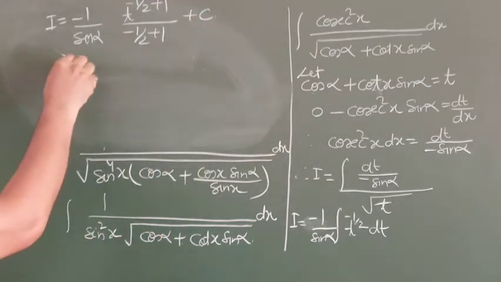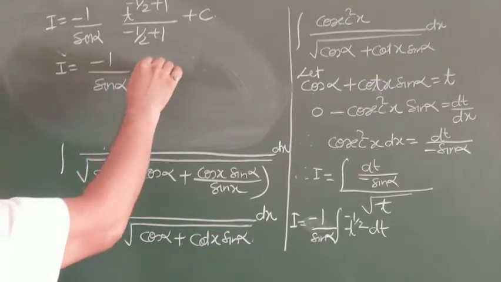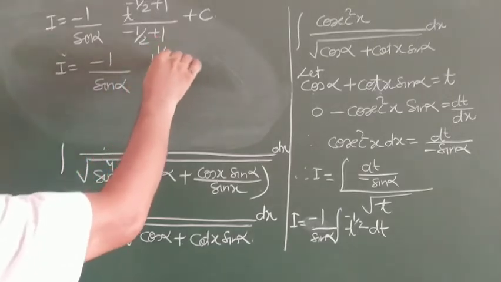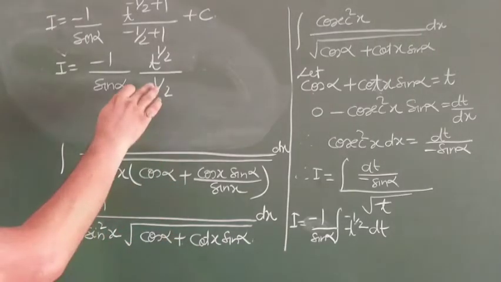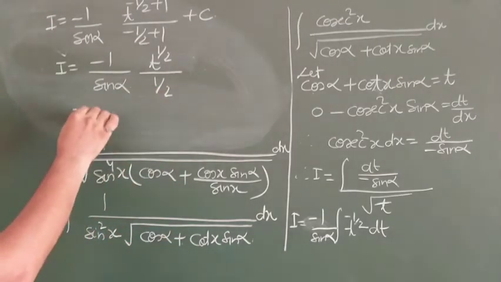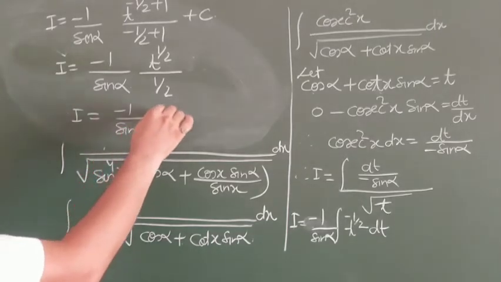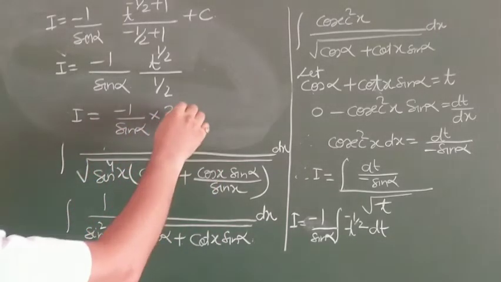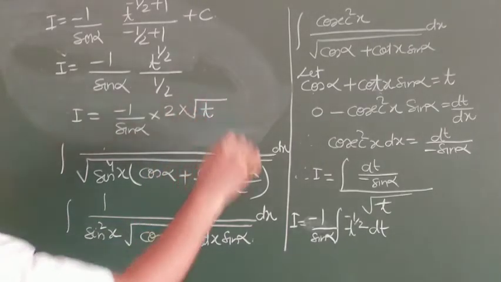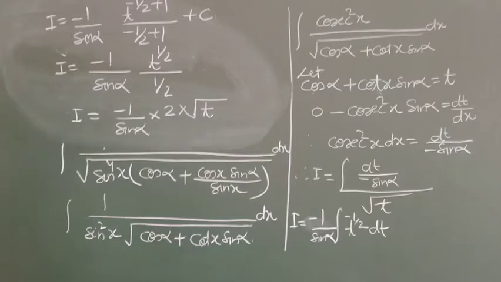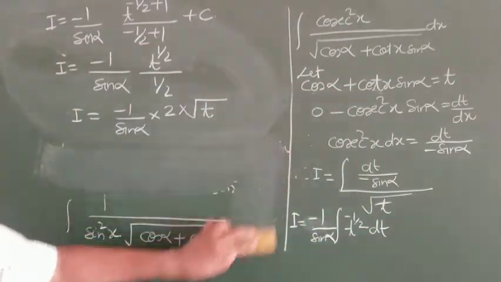So I equals minus 1 upon sin alpha, t to the power 1 by 2 upon 1 by 2. So its reciprocal we can take: I equals minus 1 upon sin alpha into 2 root t. Then the next step, we can replace t.